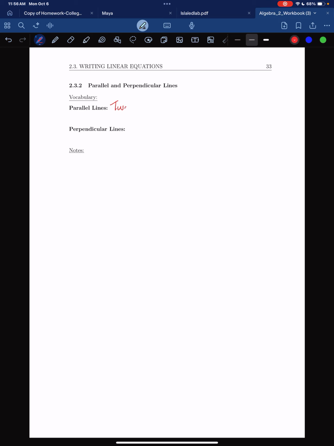Two lines are parallel if they have the same slope. All right? The same slope.